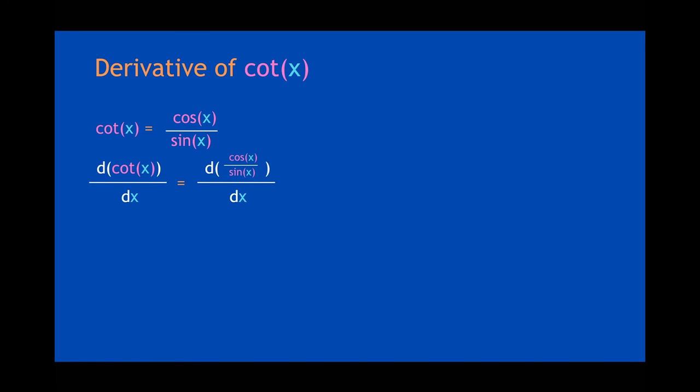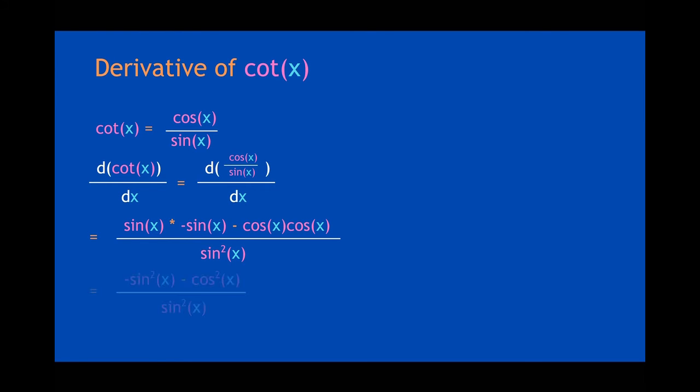Again, just like our tangent derivative, we're going to use the quotient rule here, and so what we're going to have is the bottom times the derivative of the top, so the sine of x times the negative sine of x, and then minus the top times the derivative of the bottom, which is the cosine of x times the cosine of x. And then this whole thing will be divided by the bottom squared, so we're going to be left with the sine squared of x being in the denominator.